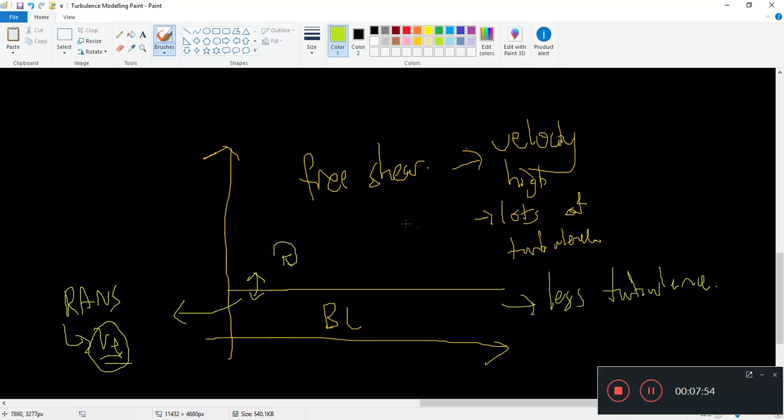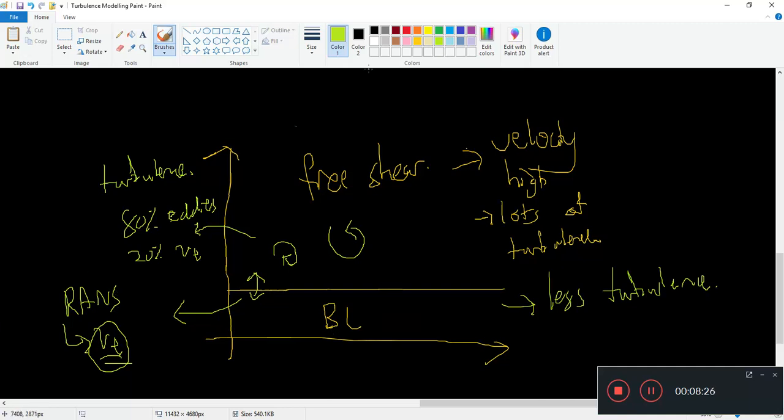Okay, because in the free shear region, in the LES region, ideally if you get your LES right, you have 80% of turbulence resolved in eddies, and then 20% in the turbulent viscosity. So this is kind of an issue here.